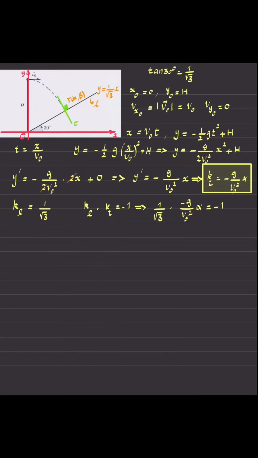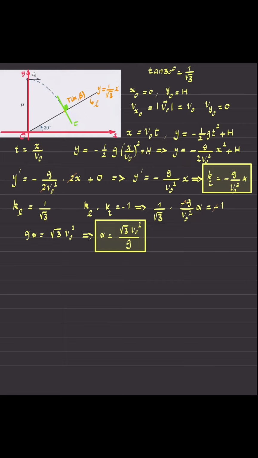First of all, this minus sign and that minus sign are gone, and then g alpha becomes equal to square root of 3 v naught squared, and it means that alpha is equal to square root of 3 v naught squared divided by g. This is alpha, the relation between alpha, the x coordinate of the point of intersection, and the initial speed v naught.